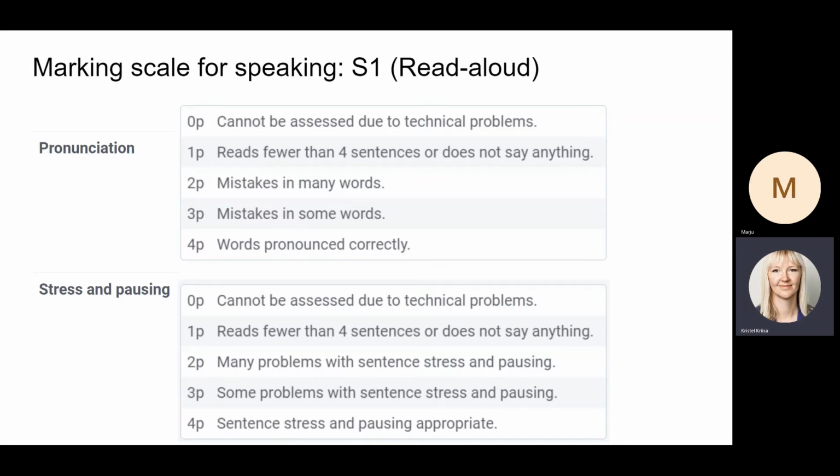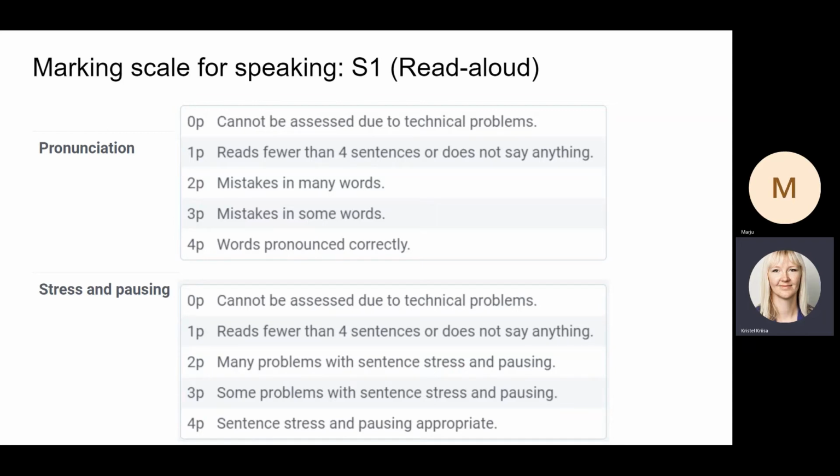When the student reads fewer than 4 sentences, or there's an audio file there, and for example, you can hear the student breathing or trying to say something or saying something in Estonian, then you give 1 point, which does not mean that they actually are going to get 1 point for their pronunciation or their stress and pausing. It's just for us to be able to give feedback to the student.